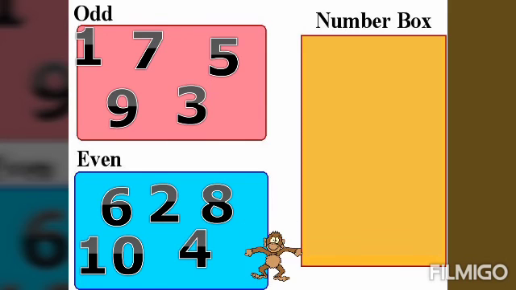This lesson is good for kindergarteners, grade 1, grade 2, and even grade 3, because all those grade levels have lessons on odd and even numbers. So let us proceed to the next slide, class.